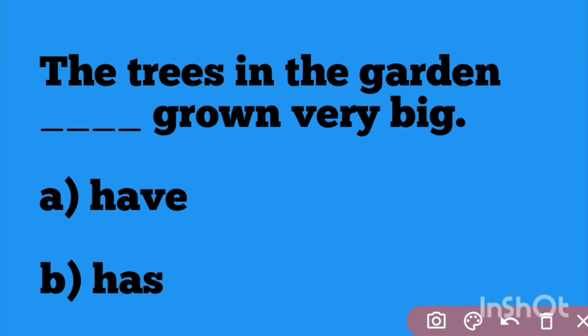Friends, the next question: the trees in the garden, blank space, grown very big. Friends, here grown, this is the third form of the verb. So whatever we use, that will be the auxiliary verb. There is no such doubt. Now the question is what to write down as the auxiliary verb. Friends, here you can see the term in.